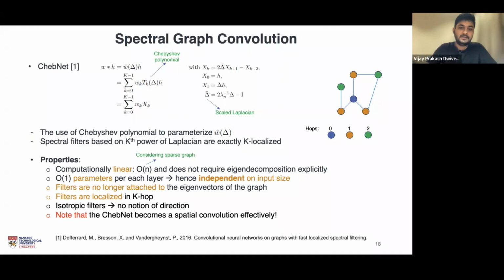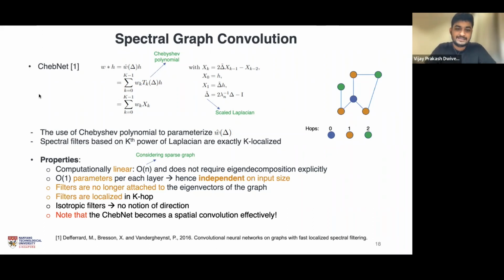So ChebNet, basically, converts this spectral filter into a Chebyshev polynomial, in which we can define from the 0th to a certain number of k steps, and the summation can be used to actually give the output of the graph convolution.